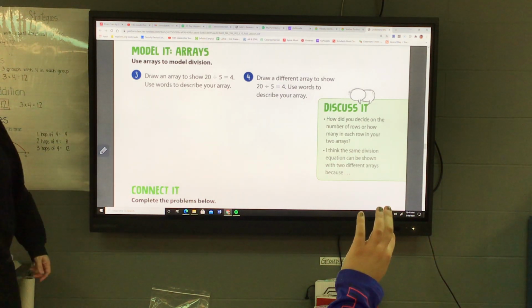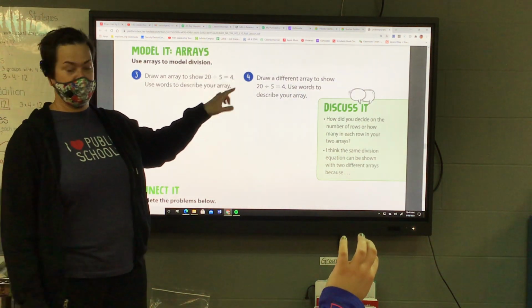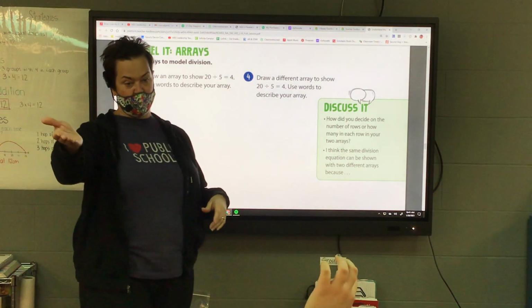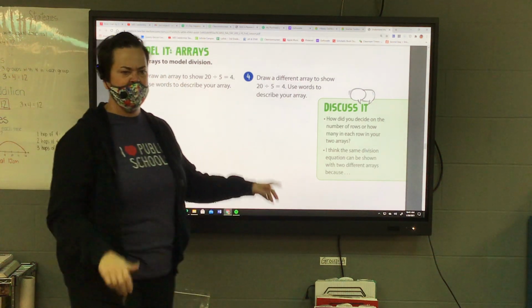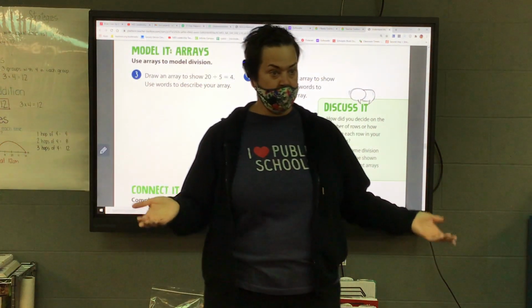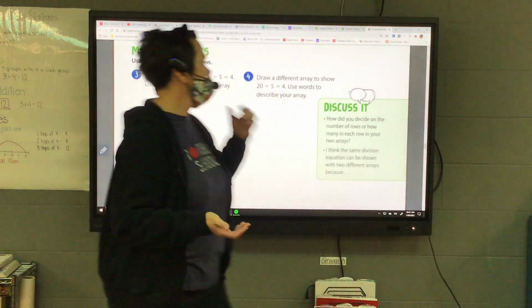Reese? They have the same numbers. Right. 20 divided by 5 equals 4. Anybody else looking at that? All right, so we see it's the same exact problem. But do you think they're going to have us do something different with it maybe? Let's read to find out.